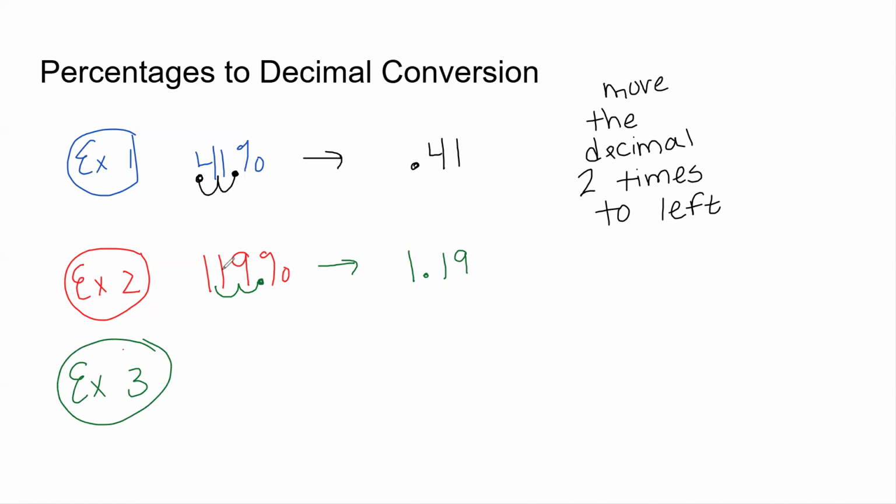What if it's got a repeating? So let's say it's 33.3 repeating percent. That one does have a decimal on it. So put your pencil on the decimal, and we're going to scooch once, twice.